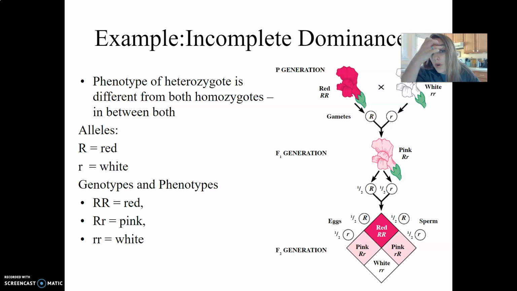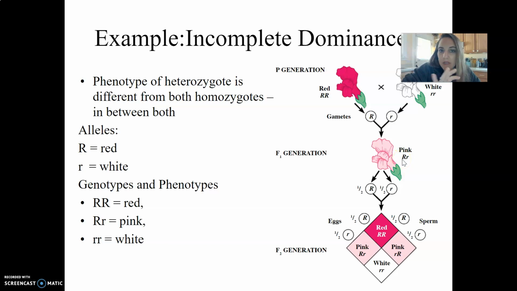And so what we see here is that the homozygous dominant parent has a red phenotype, and the homozygous recessive parent has a white phenotype. But when they pass down those alleles to their offspring to form a zygote, the phenotype is actually pink.